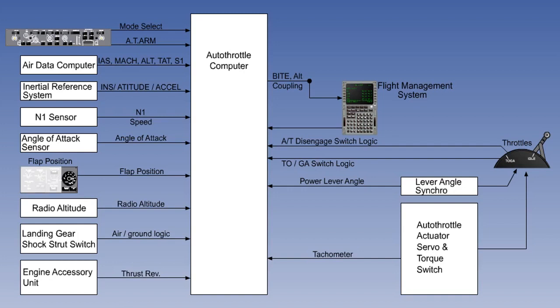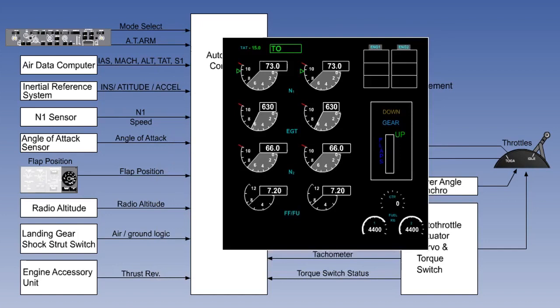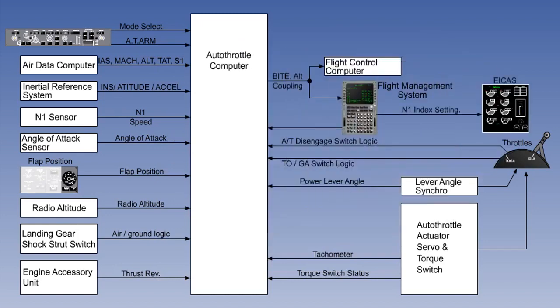Also, there are inputs from the autothrottle servo actuator, torque switch, a tachometer, and torque switch status. There is built-in test equipment in the flight control computer and FMS. The FMS also provides an input to the N1 indicator.